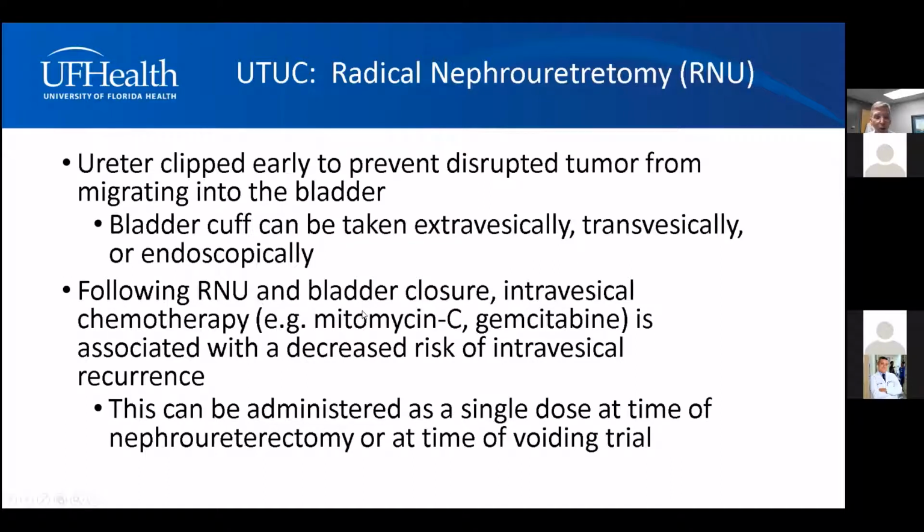I agree with using mitomycin and gentamicin intravesical chemotherapy after a radical nephroureterectomy, because you can do a bladder closure, I think, in that setting. If you did a psoas hitch, you just have a bigger opening in the bladder, and I'm resistant to putting mitomycin, something that toxic, in after that procedure.